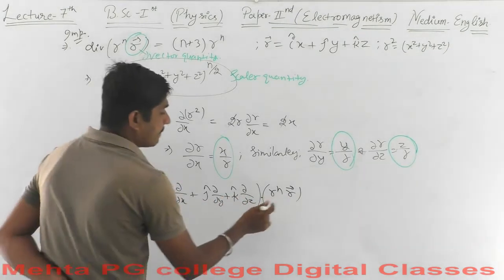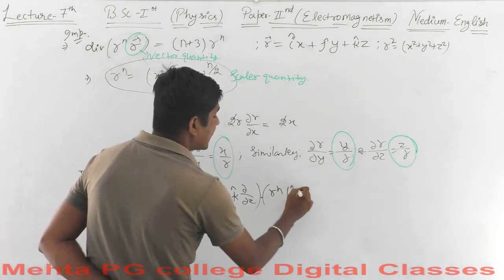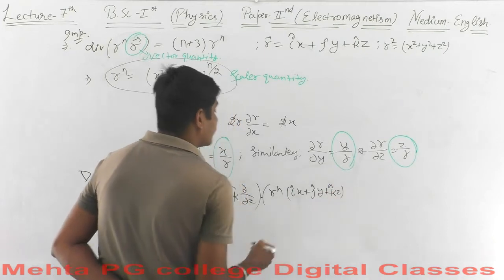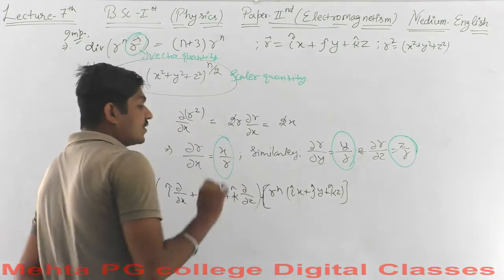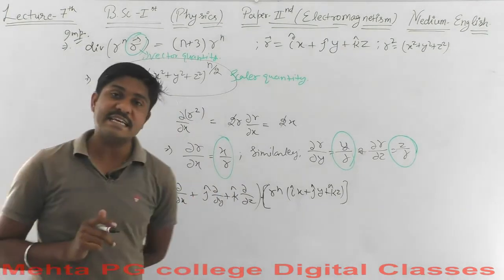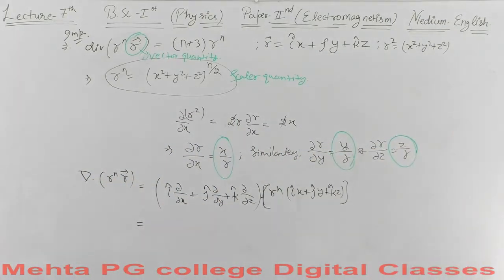What if I say the r vector is i cap x, j cap y plus k cap z, and then we go for its dot product, the scalar product here? So what will be the values here?